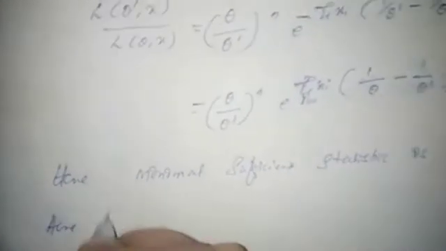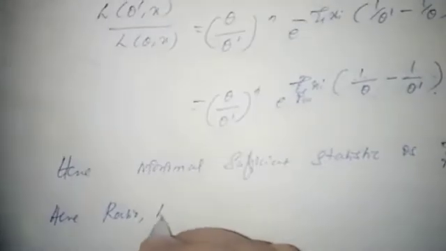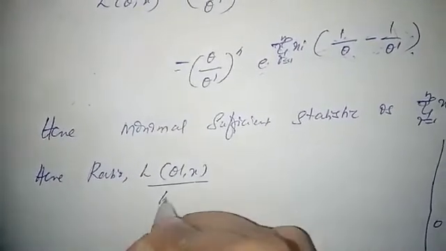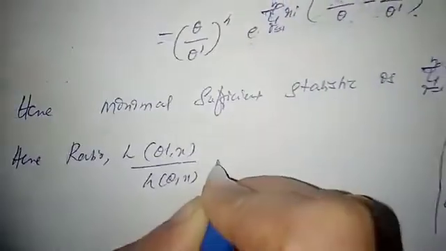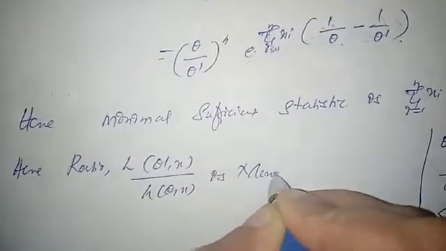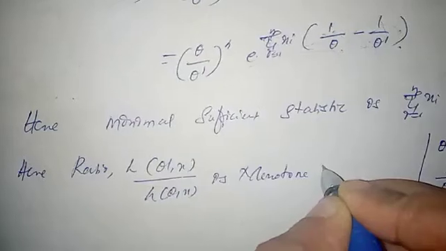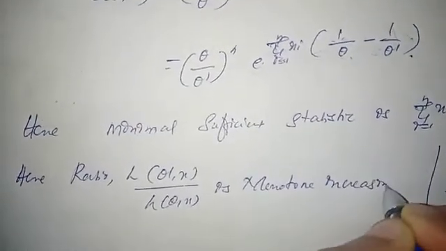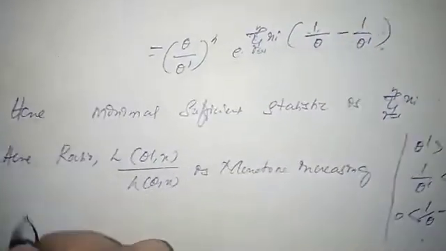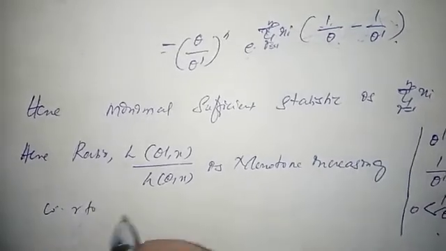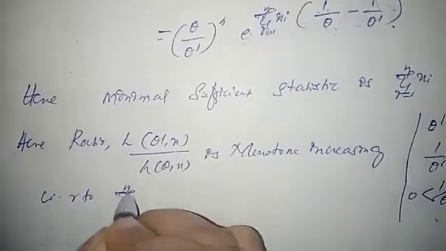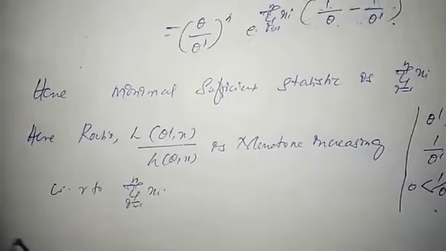Here the ratio, likelihood under theta dash x over likelihood under theta x, is monotone increasing with respect to summation i = 1 to n xi.